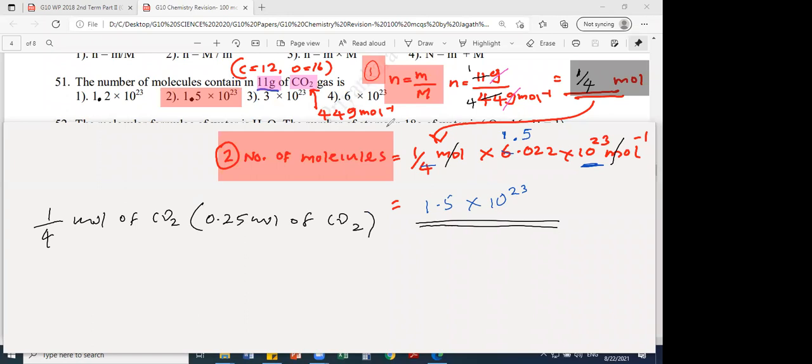This is the hardest type they can ask in the exam. 0.25 moles of CO2 has carbon the same amount, 0.25 moles of carbon. Oxygen will be 2 times that. Oxygen will be 0.25 into 2. That's how you get it. This is oxygen, this is carbon atoms.